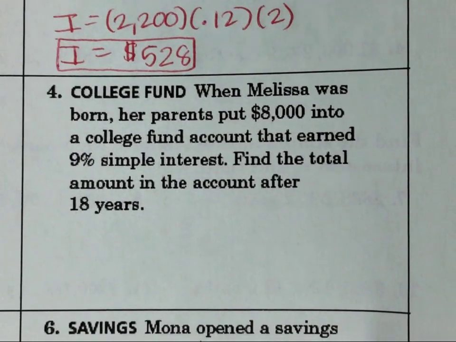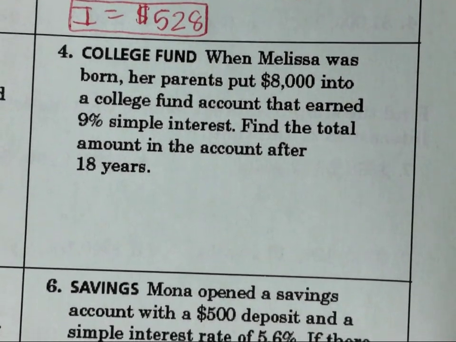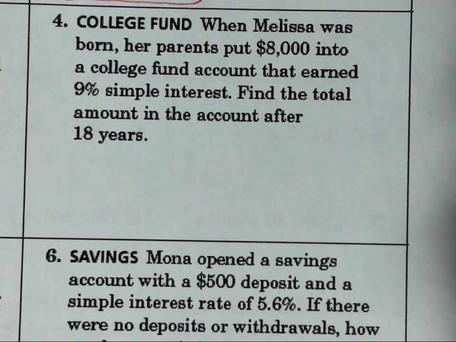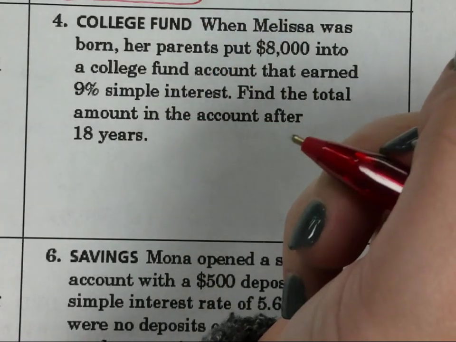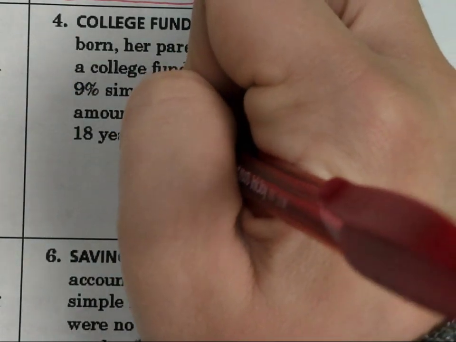Okay. Number 4, it says, when Melissa was born, her parents put $8,000 into a college fund account that earned 9% simple interest. Find the total amount in the account after 18 years. So in this case, I'm finding how much money was in that account after 18 years. Okay? So I need to find my interest first. So I'm still doing I equals PRT. So my P is 8,000.